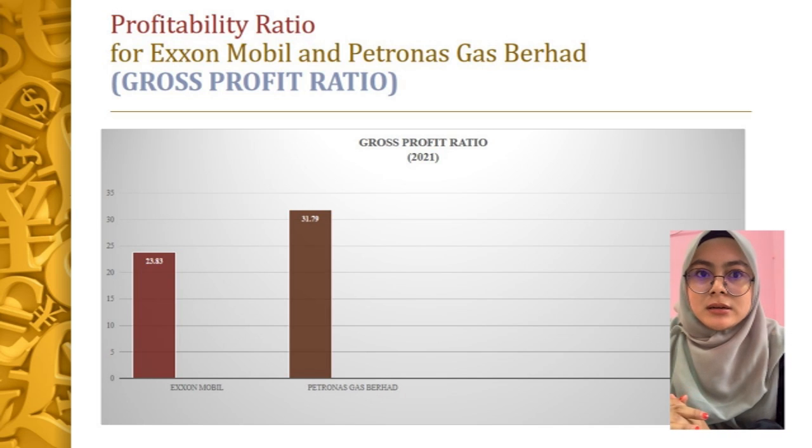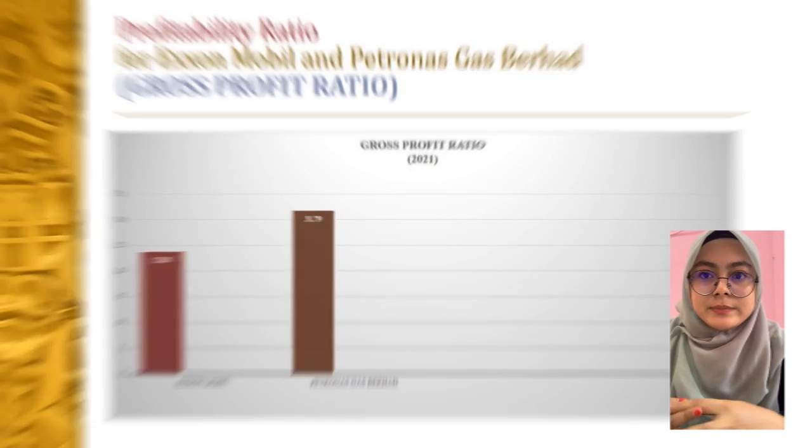It may mean the company can make a reasonable profit on sales as long as it keeps overhead costs in control. For this higher gross profit in the current year, investors tend to pay more for Petronas Gas Berhad than for ExxonMobil.